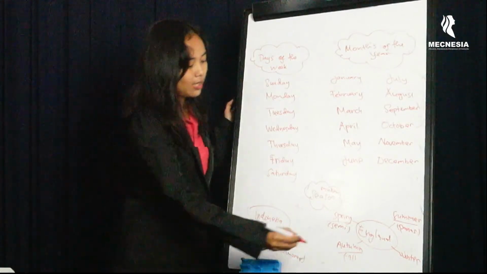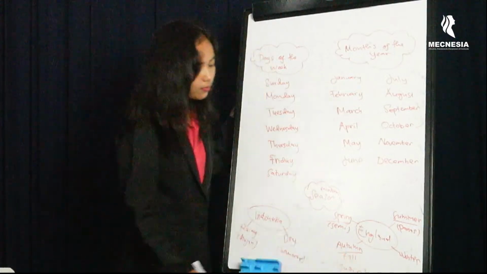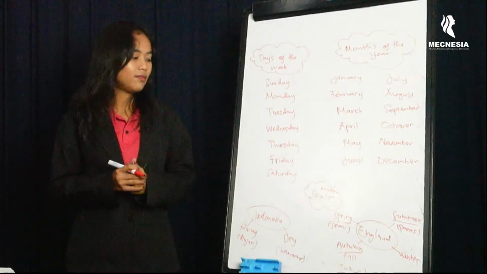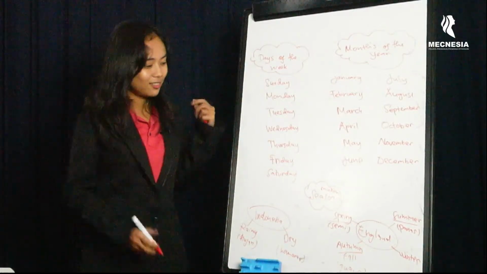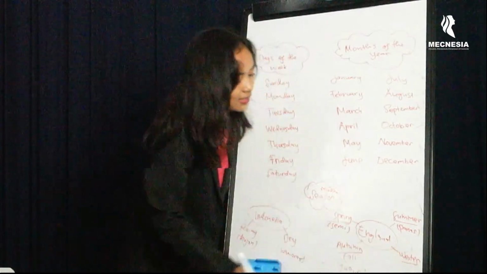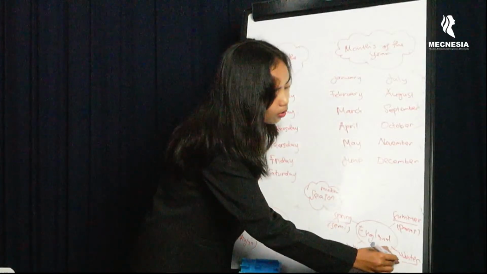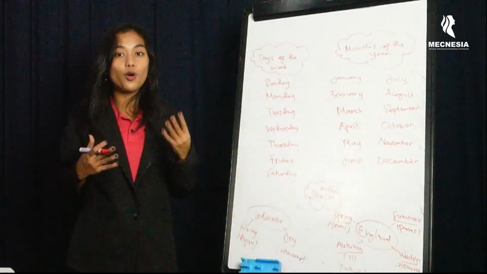So, ini adalah musim gugur. Autumn, or fall. And the last is winter. Winter is also called snowing. Winter juga disebut snowing.